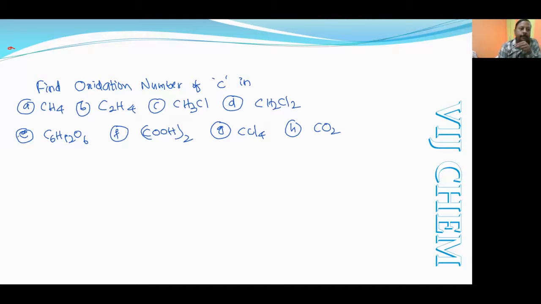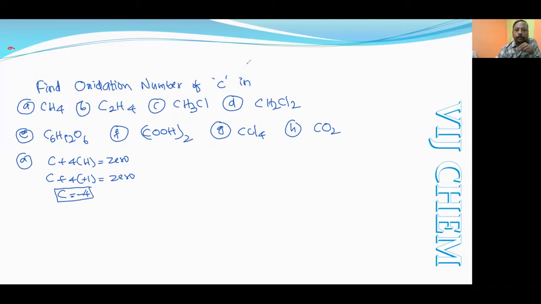Here the very first answer, A, CH4. So C plus 4 into hydrogen. As it is a molecule, the total oxidation number will be 0 and we have to find out the carbon. Hydrogen oxidation number will be +1 with a non-metal. So carbon oxidation number will be -4.